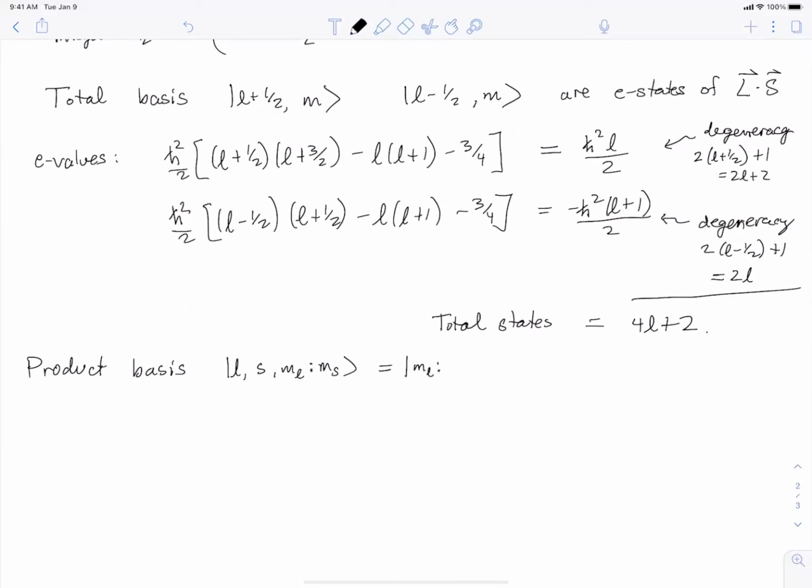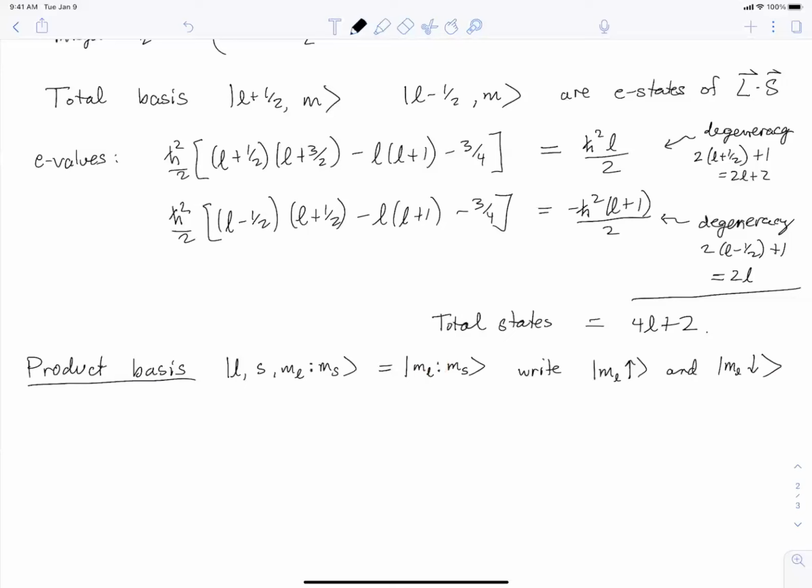They're going to be fixed in everything we do today. So we just write it as ML, MS.